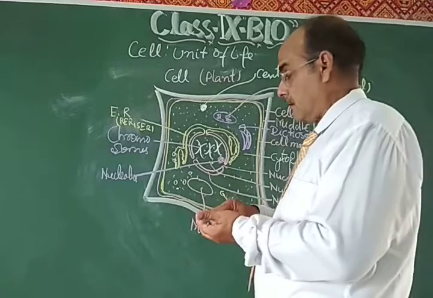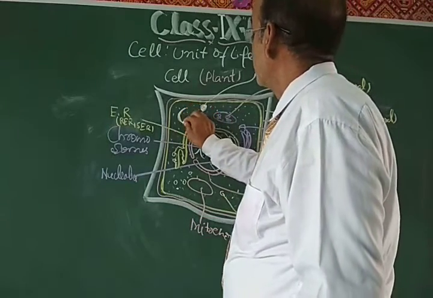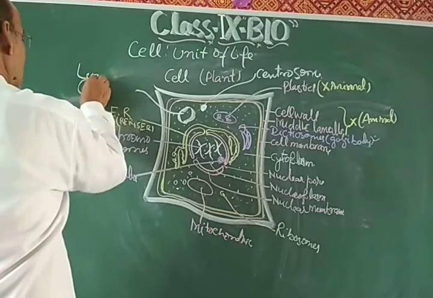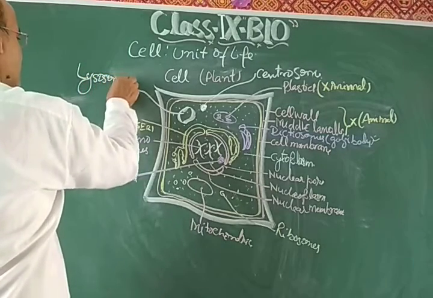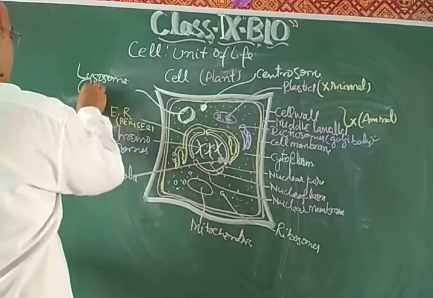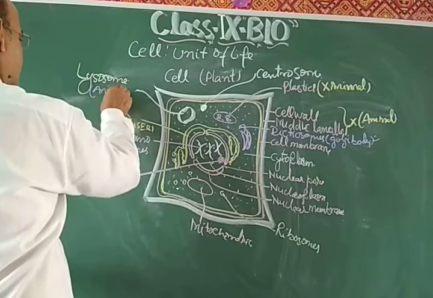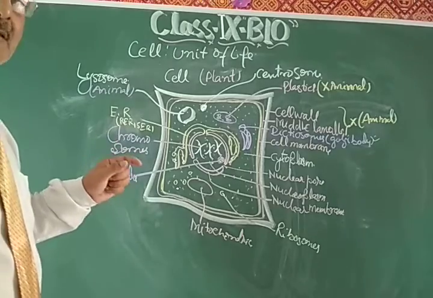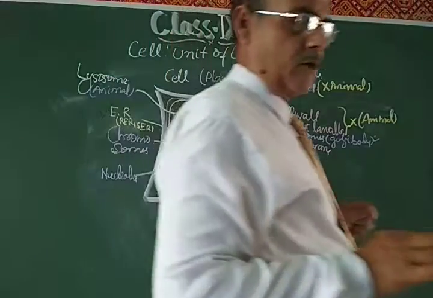Yes, there is lysosome. Lysosome is found only in the animal cell. Only in the animal cell. So you can differentiate the plant cell and animal cell likewise, my dear student.